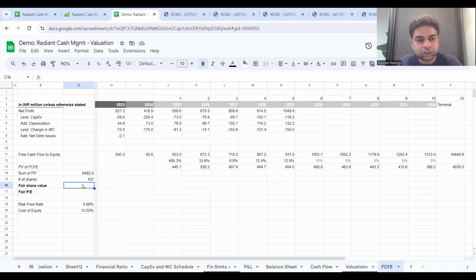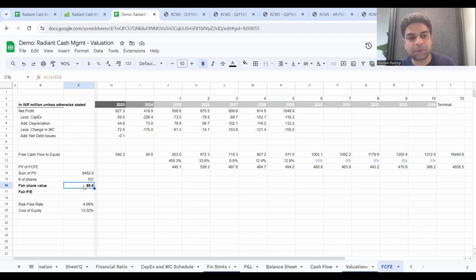If we divide it by the number of shares, the fair share value is around 89 rupees per share. And the company is trading at about that right now. So it is reasonably valued based upon the assumptions that we have taken, and I believe I've been very conservative with my assumptions.